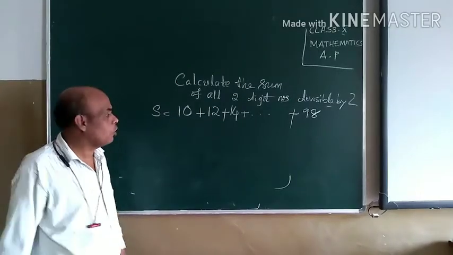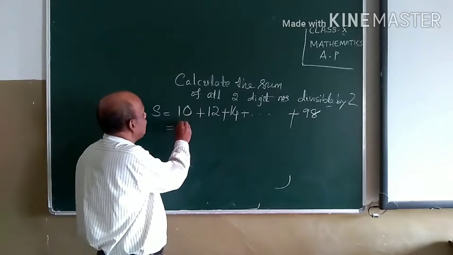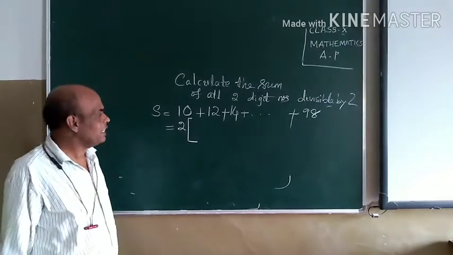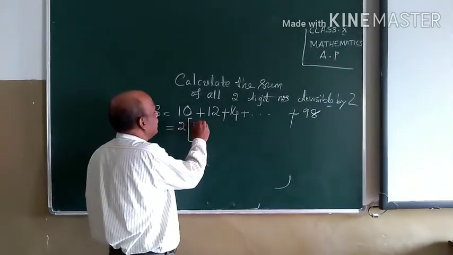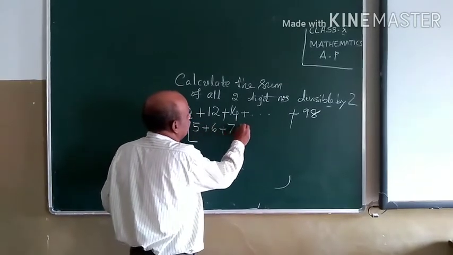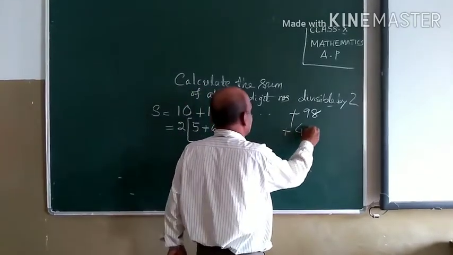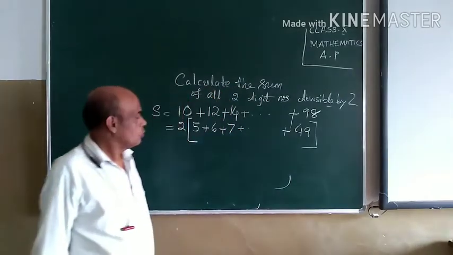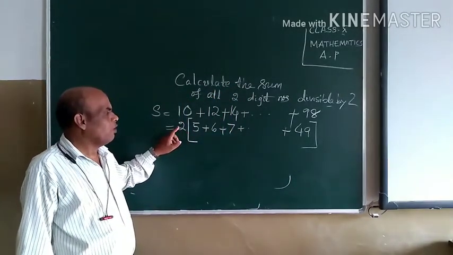If I apply the Gauss rule, see here, if 2 is common, ultimately what is coming? 5 plus 6 plus 7 plus up to 49.